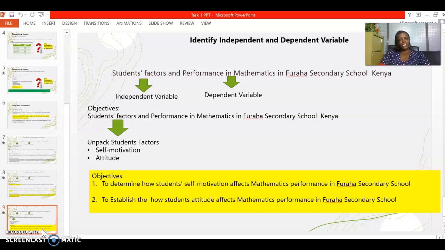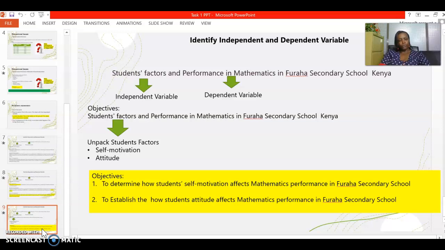And the first one is self-motivation. And the second one is the attitude. So self-motivation and attitude both will have an effect on how performance of mathematics is done in Furaha Secondary School.